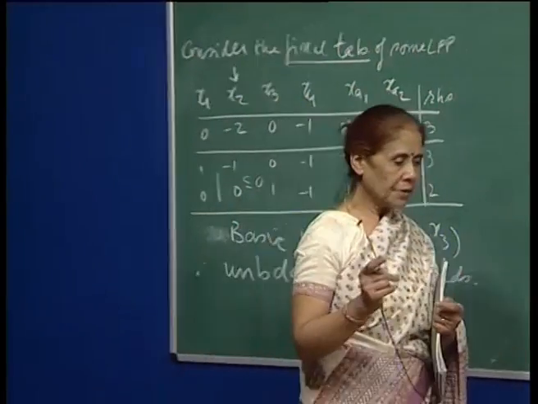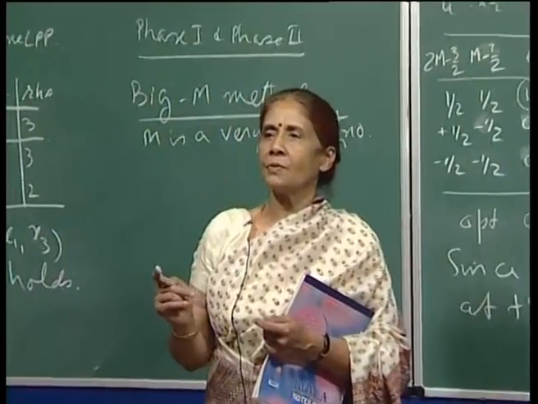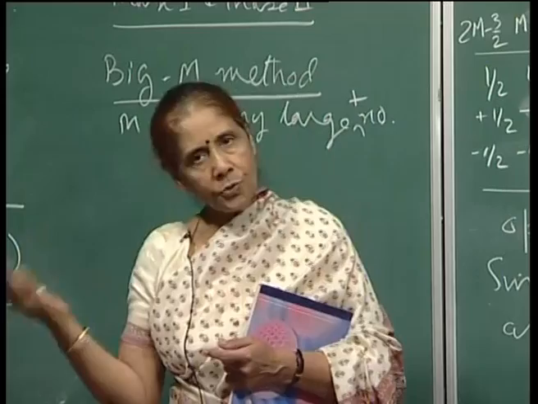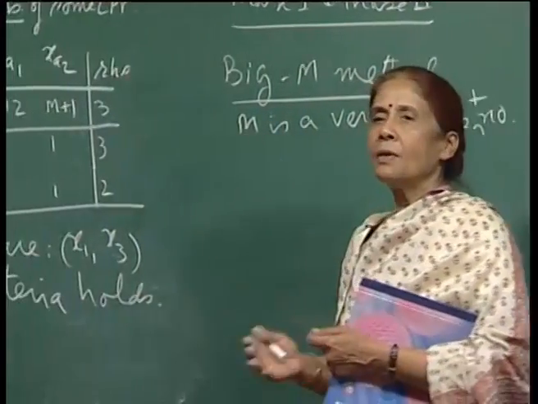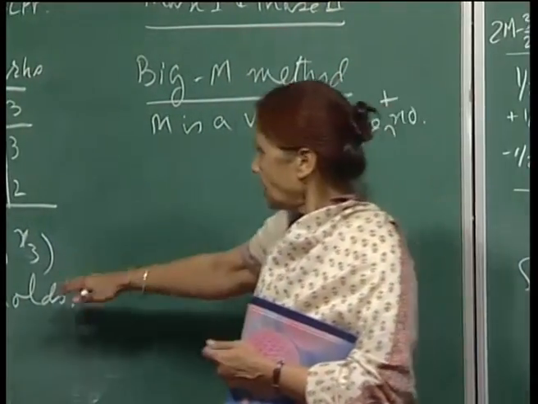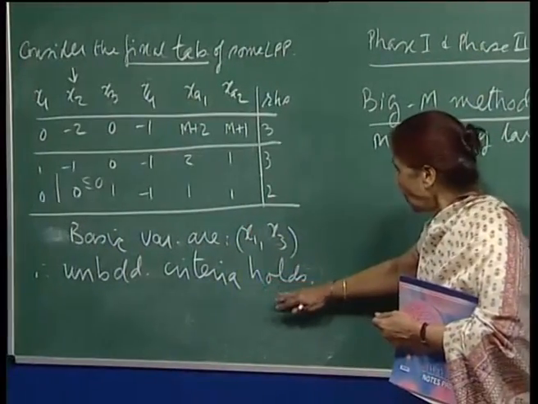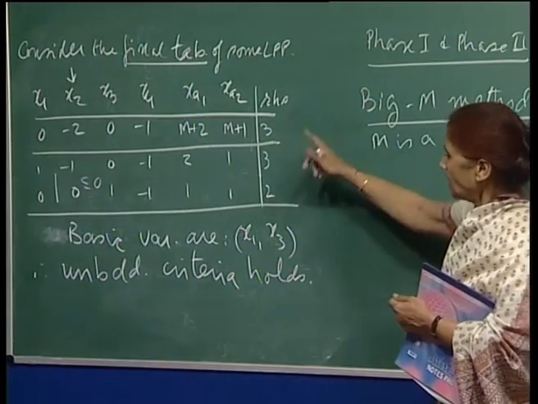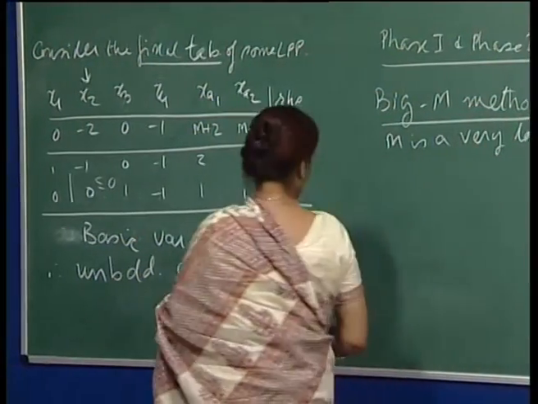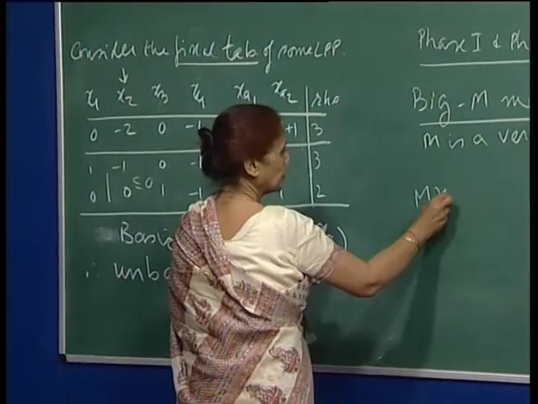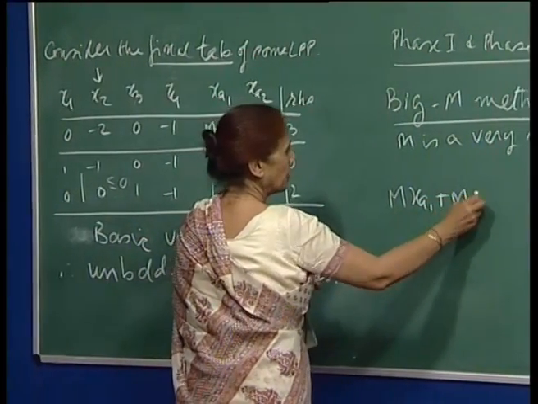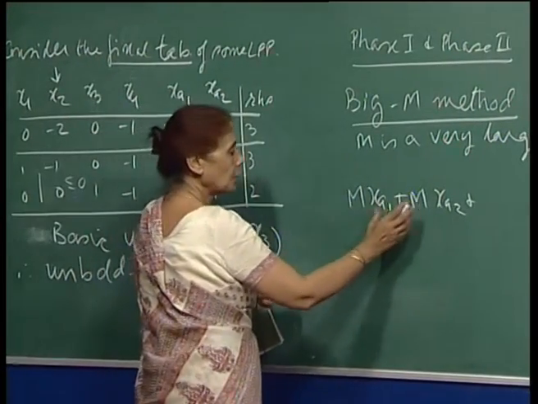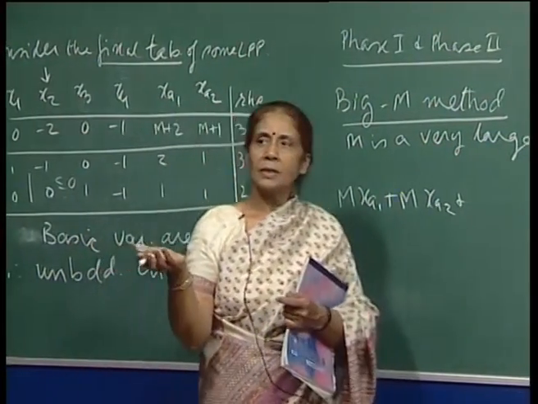Now, if artificial variables were in the basis at positive level and you had the unboundedness criteria, then you would conclude that the problem is infeasible, right. In this case, the problem is unbounded because the artificial variables are not in the basis. But even though you have positive coefficients for artificial variables, whatever their number, the unboundedness criteria can still hold.